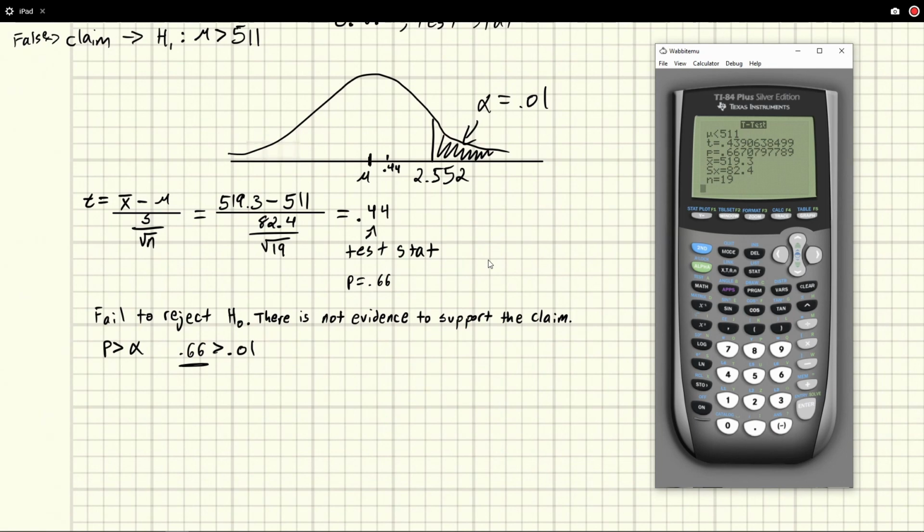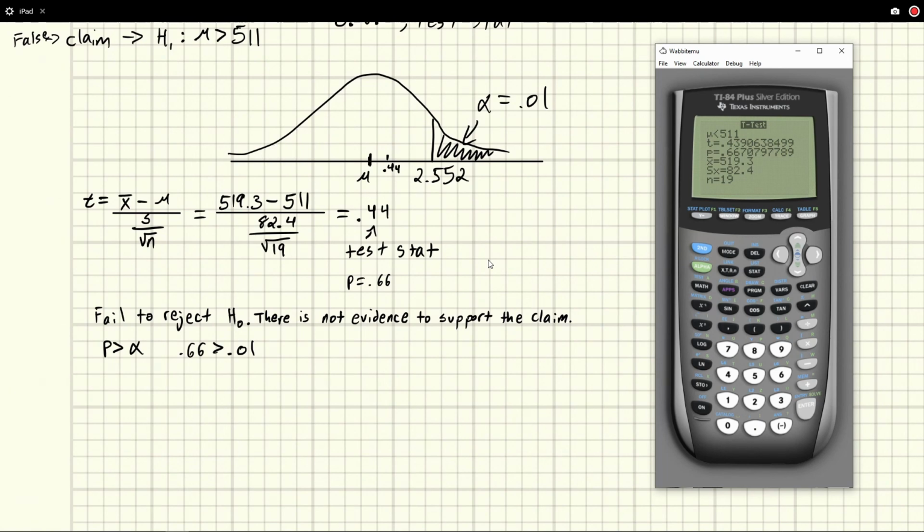We can say, hey, this p-value is so much bigger than this value that we are not in the rejection region. If it's smaller than that value, here's our 1%, if we were smaller, like 0.001, we'd be somewhere in here, and we'd be well within the rejection region.